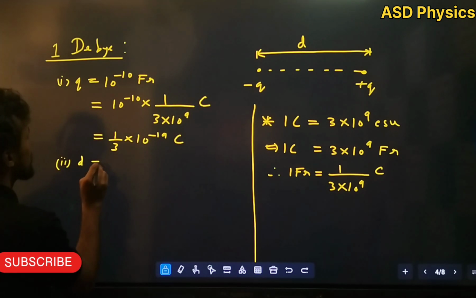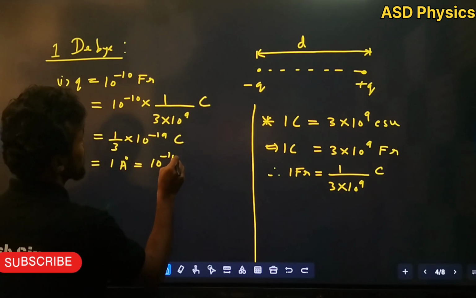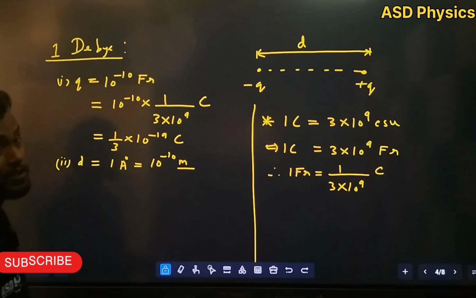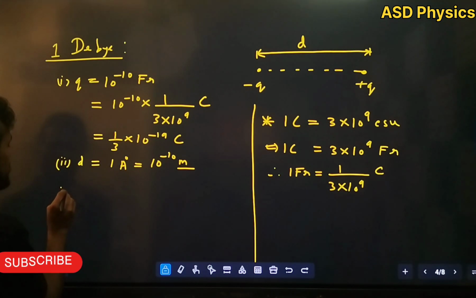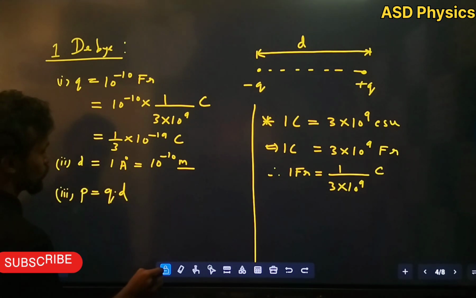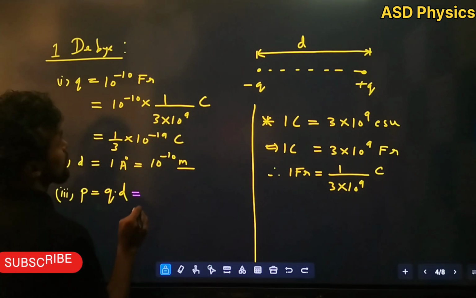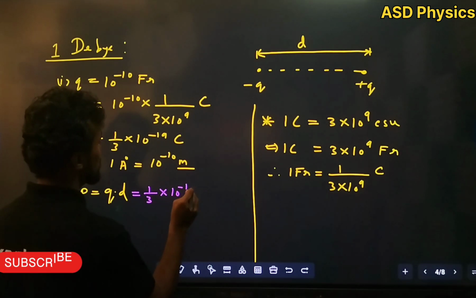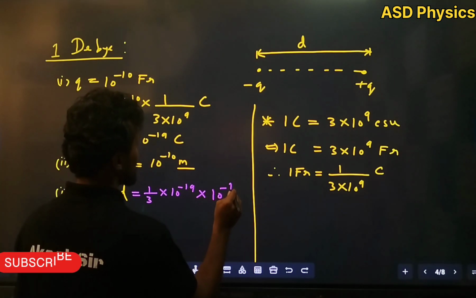Now this distance is 1 angstrom. Angstrom means how many meter? 10 to the power minus 10 meter. So now we have got the magnitude of the charge and the distance. Now the dipole moment, very easy: P equals Q into D. Putting the values: 1 by 3 into 10 to the power minus 19, and here 10 to the power minus 10.